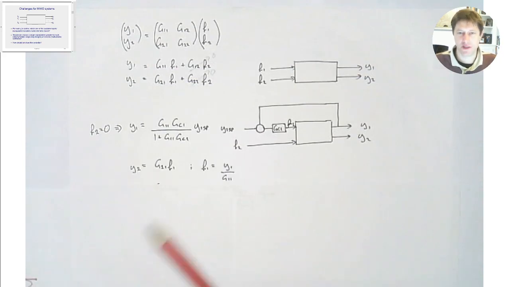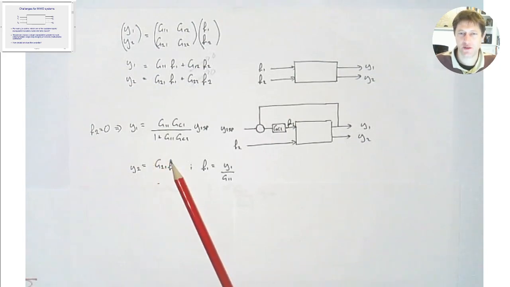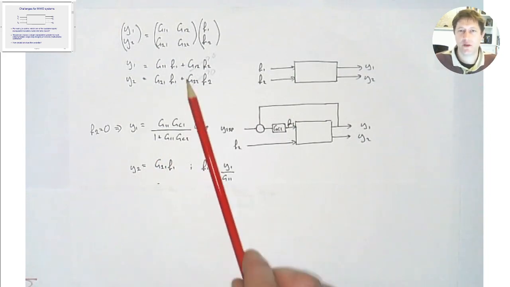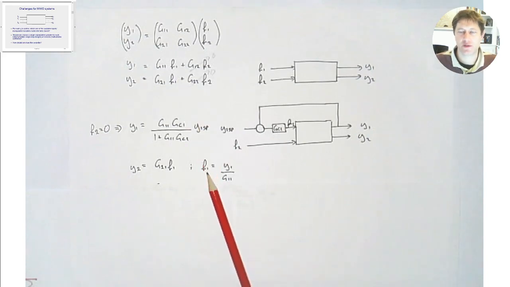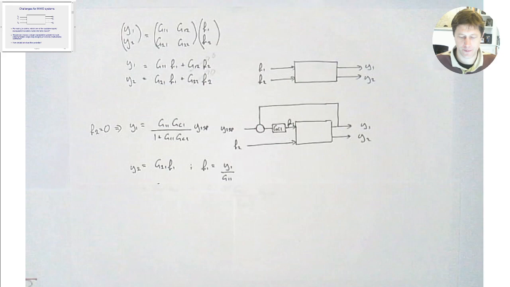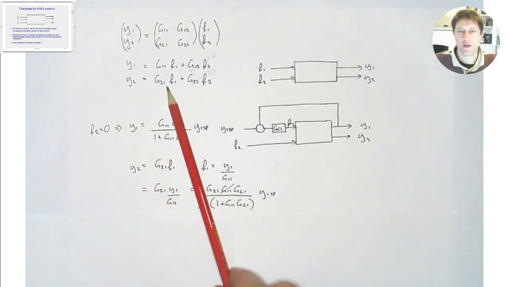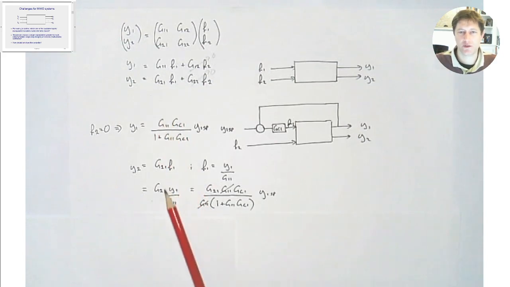But consider this, y2 is also a function of f1 via g21. So let's look at what happens to that. What's the impact of adding the controller to y2? We can write from our first equation an expression for f1. So f1 is equal to y1 over g11. We have this expression here, y2 is equal to g21 times f1.